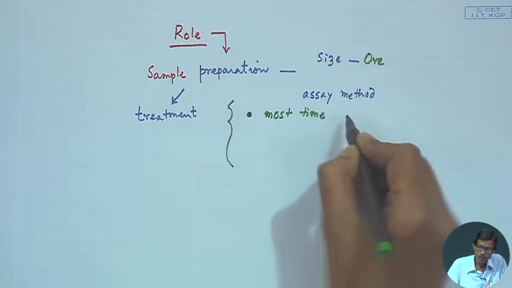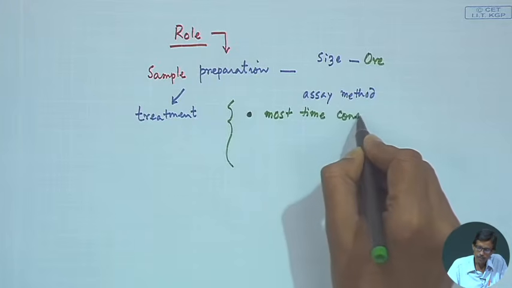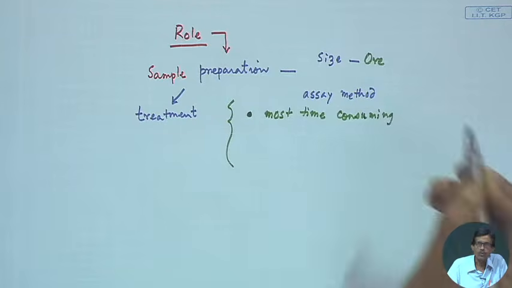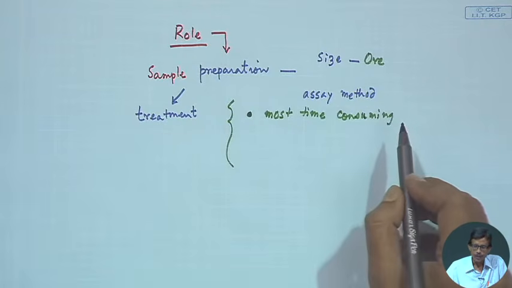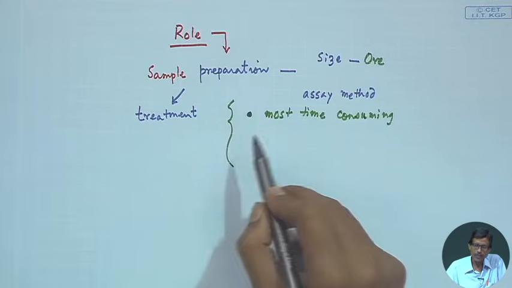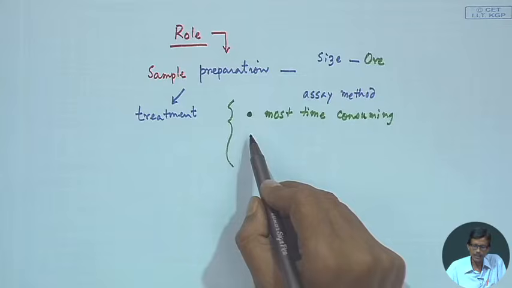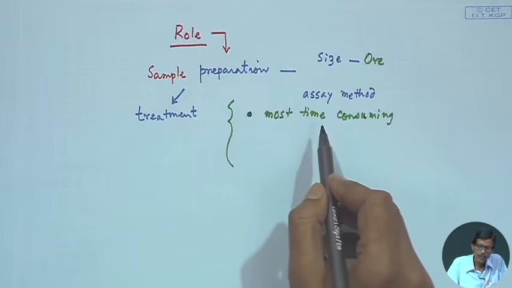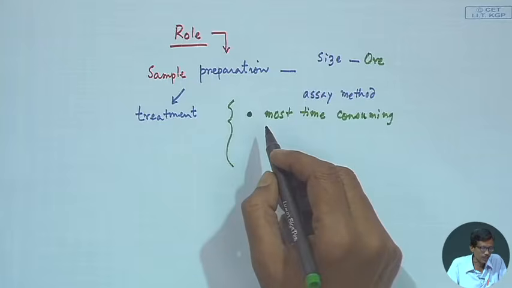Most time consuming step is not that you get it in the final form and you determine by some titrimetric method or some gravimetric method or some spectrophotometric method the typical unknown concentration.